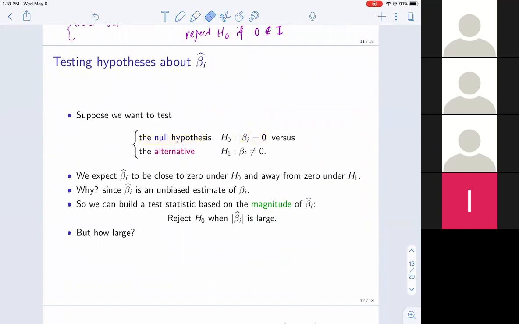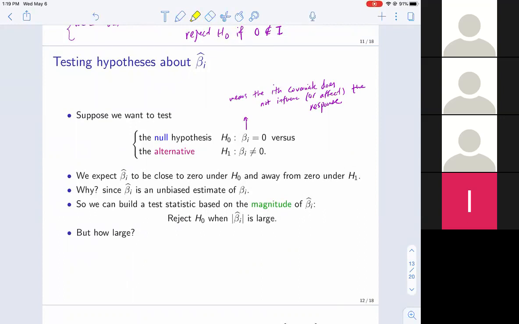So beta I being 0 means the ith covariate does not influence or affect the response. So I want to test whether that is true or not. And so the alternative would be that beta I is non-zero.